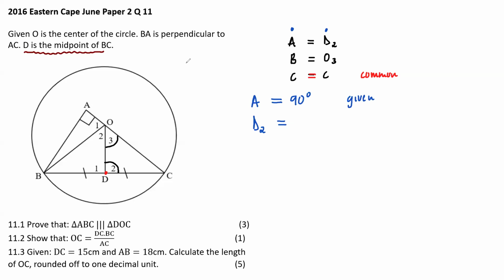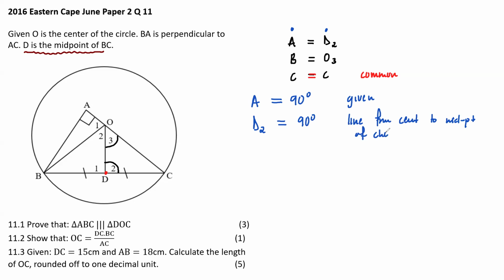So D2 becomes 90 degrees because of the line from center to midpoint of chord.